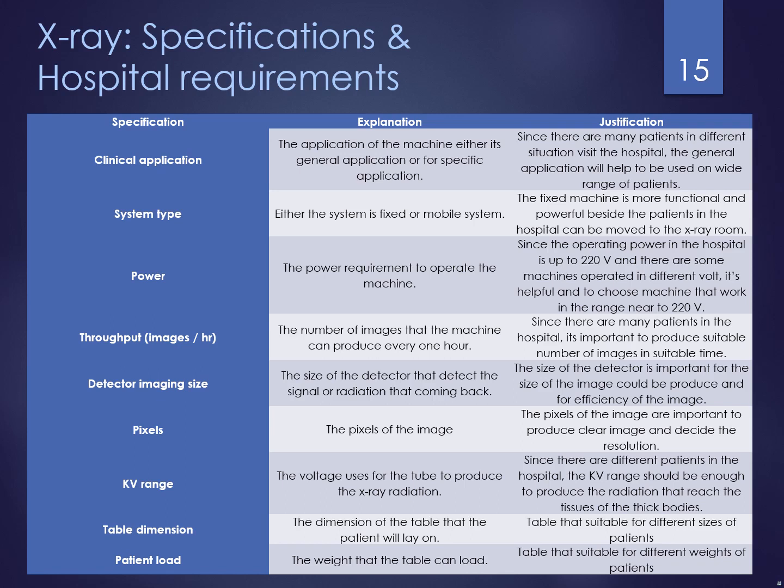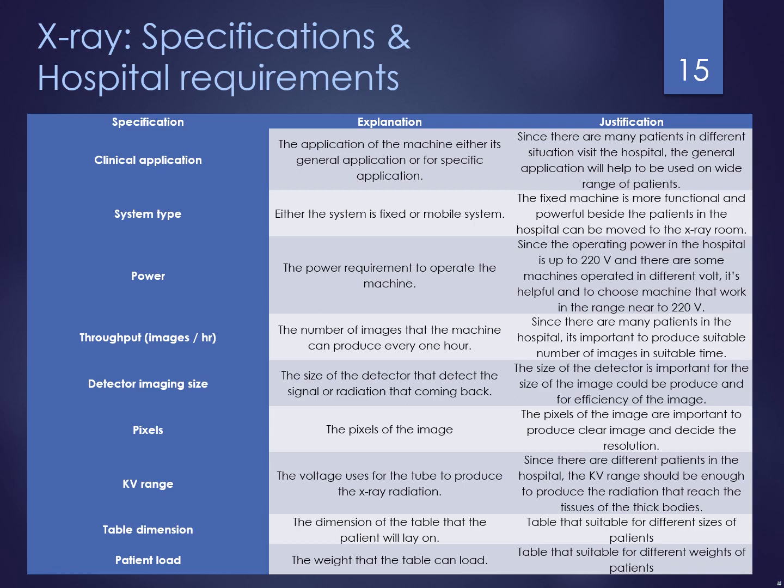Power, the power required to operate the X-ray machine. Since the hospital machines and equipment operate almost at 220 voltage, it's better to find an X-ray machine operating near this value.